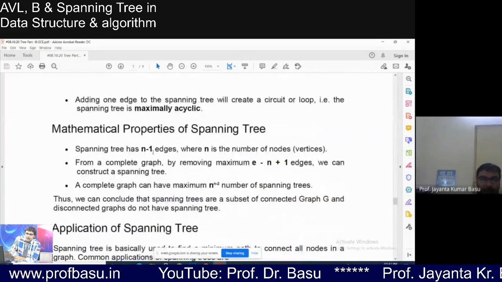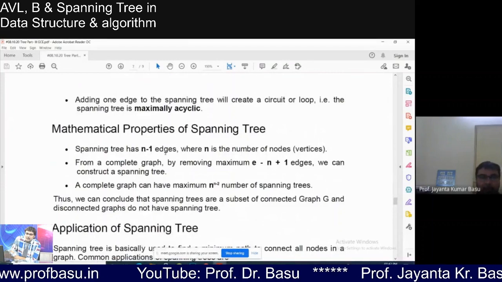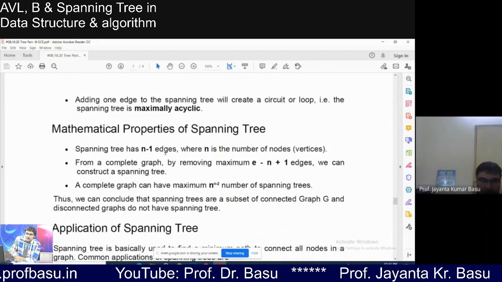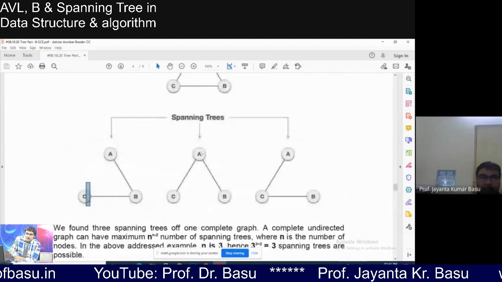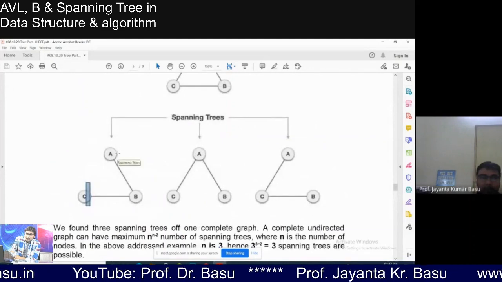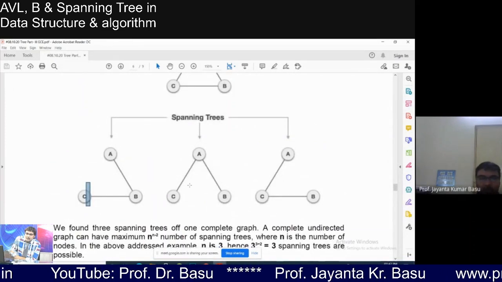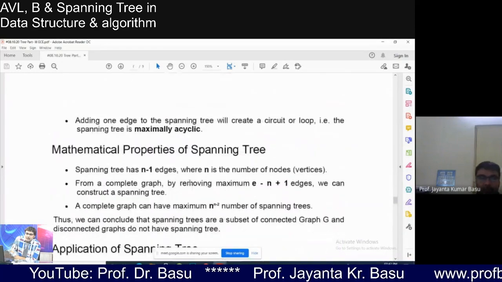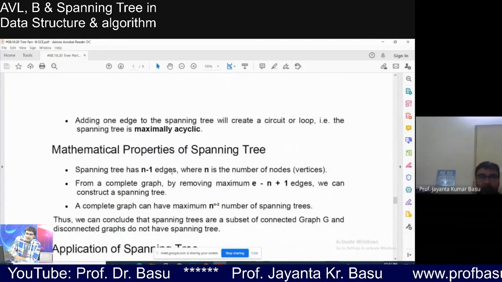Mathematical properties of a spanning tree. A spanning tree has n minus 1 edges, right? You can see here the number of nodes is 3, so we are getting 2 edges. A spanning tree has n minus 1 edges.